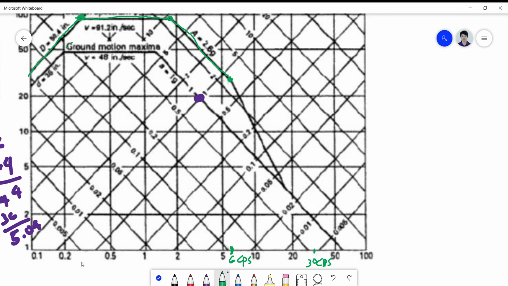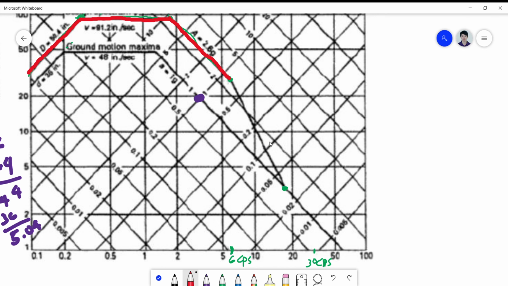Of course it can only end up to a velocity of 1 inch per second. And then the intersection is the actual endpoint of the graph. So this is now my plot of the design spectral curve normalized to 1G.